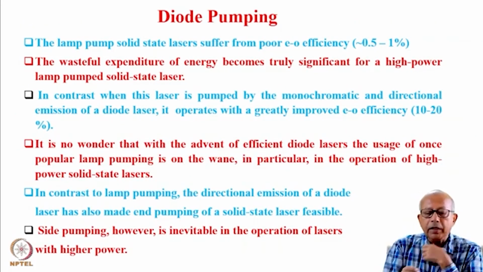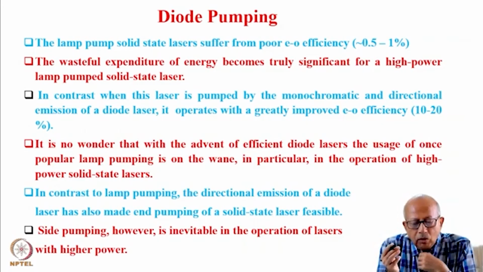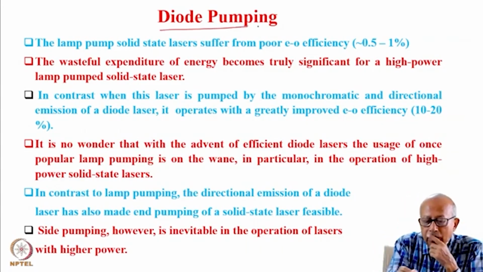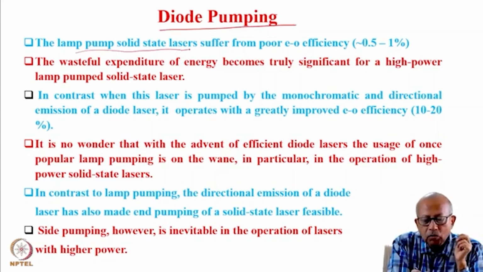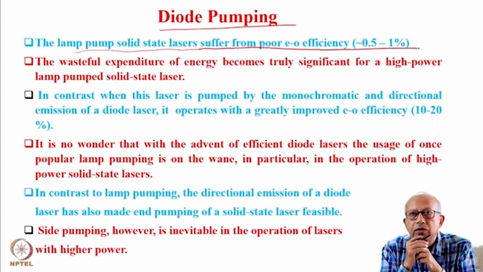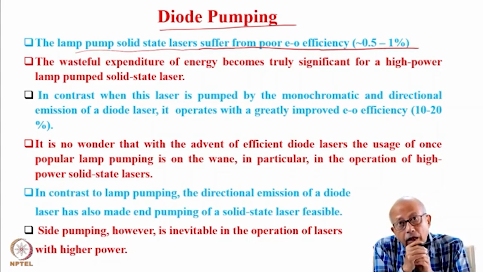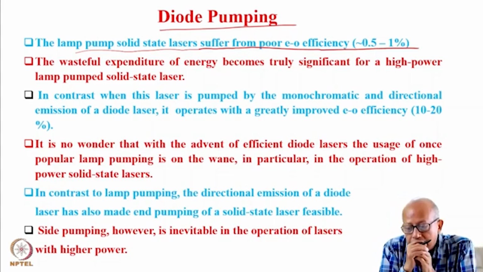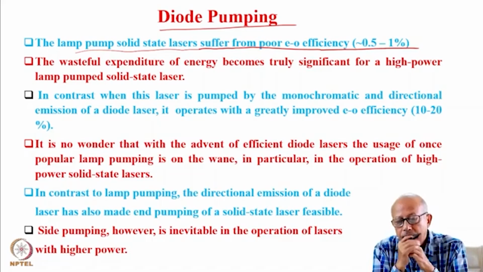Now, against this background, let us turn our attention to pumping a solid-state laser with the help of a diode laser. You see, lamp-pumped solid-state lasers quite expectedly suffer from poor electro-optic efficiency because the pump photons are not very effectively utilized here. A lot of pump photons are simply lost to escape absorption.